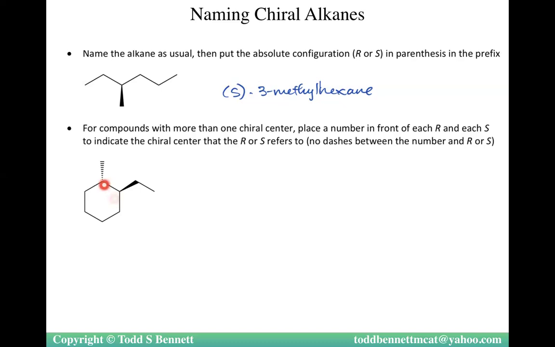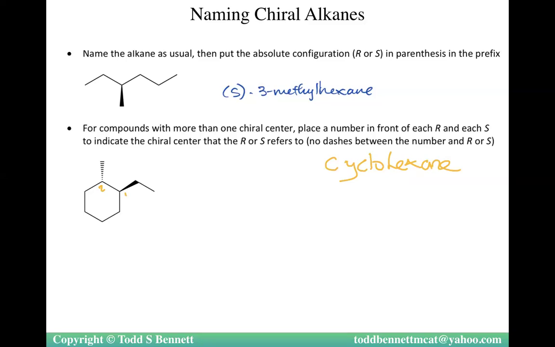Okay, this one is that case where we have 2 chiral centers, so we got to pay more attention. It is cyclohexane, so I know it's going to be my parent name. It has 1 and 2 for your groups, ethyl first alphabetically, methyl second, so it's going to prioritize as such.